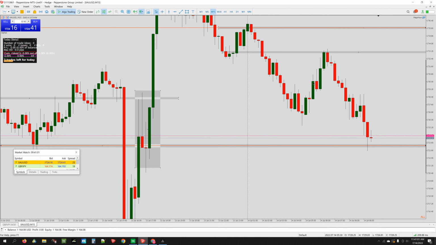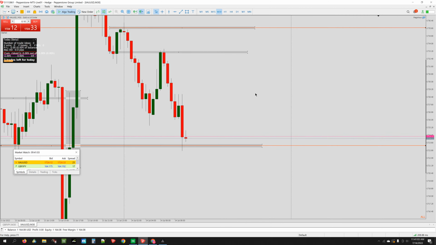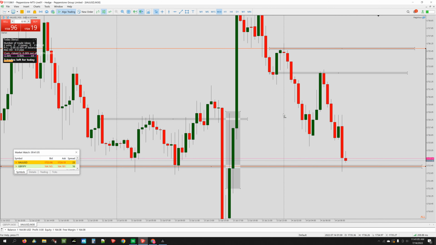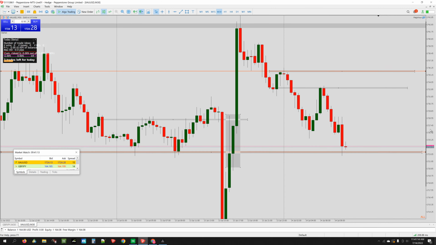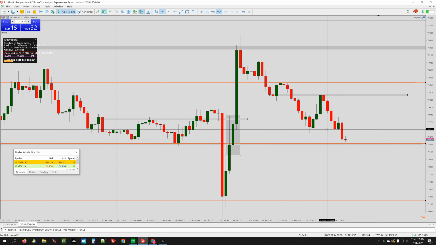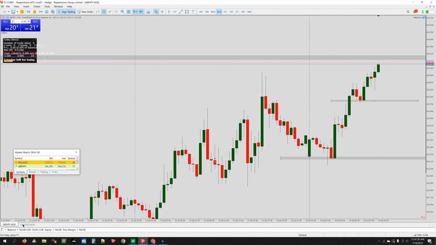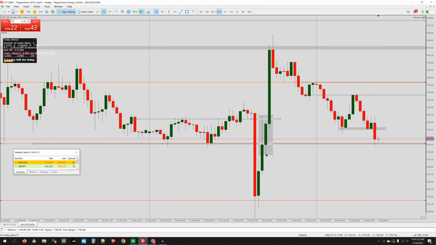We are just waiting. We have basically created a small zone in M30. We need to be very careful of that.